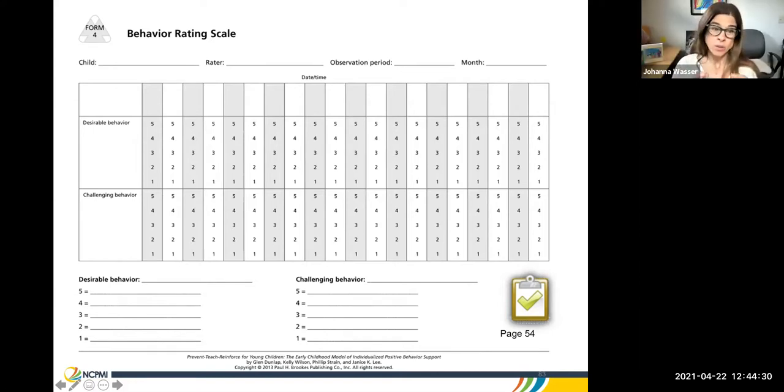I would say, just as you go through the PTR-YC process, your first meeting, you could still take BIR data even with your first meeting, because you're talking about goal setting. Not until you get to this meeting would I say you transition to this tool, if that feels good for you as a team, right?